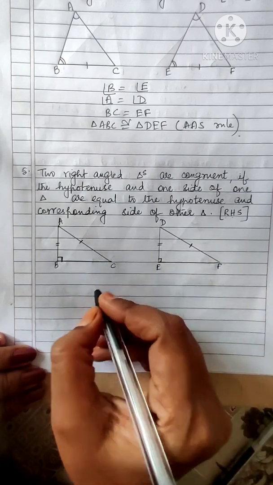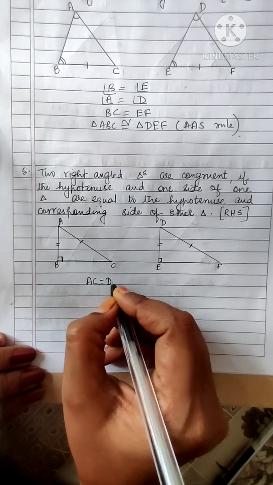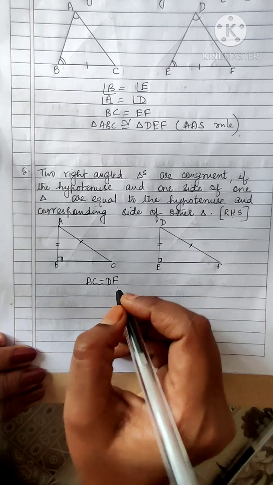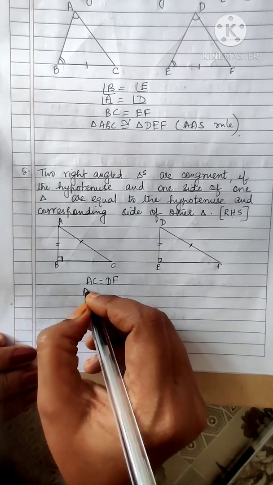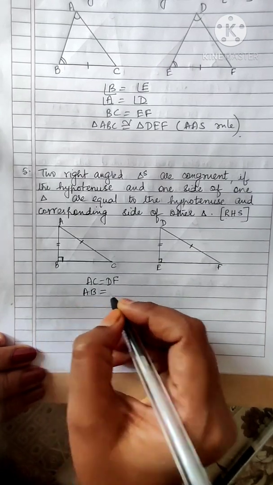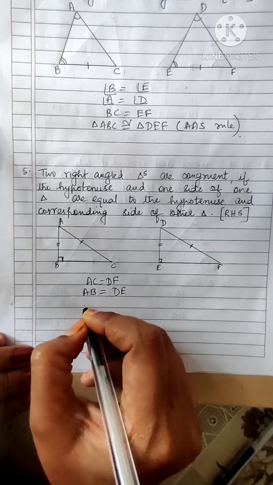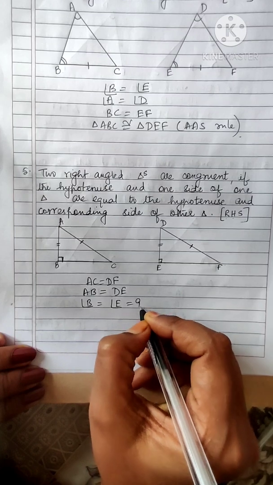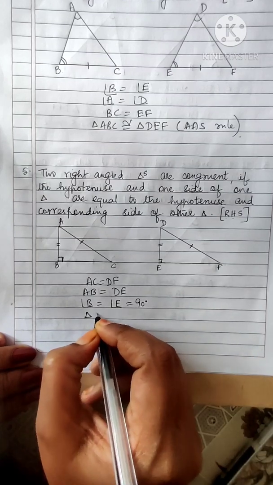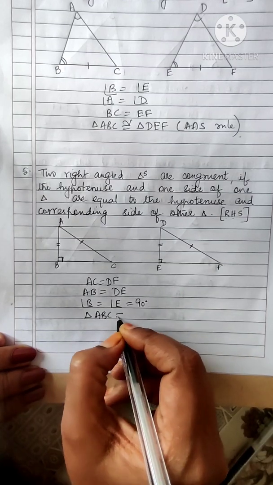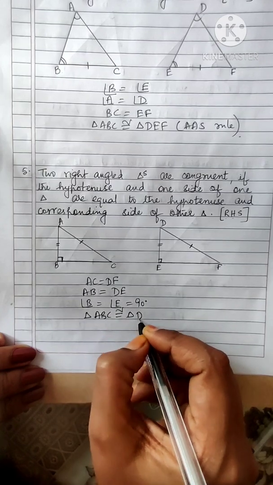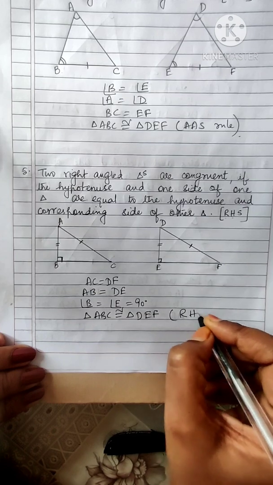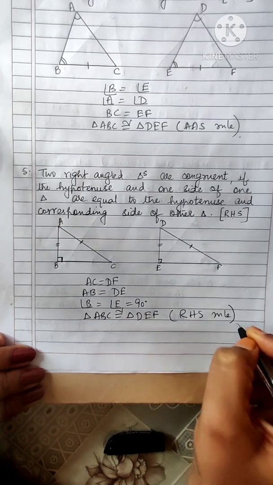Now AC is equal to DF. Hypotenuse are always opposite to 90-degree angle, and AB is equal to DE, and angle B is equal to angle E is equal to 90 degree. Therefore, triangle ABC is congruent to triangle DEF by RHS rule.